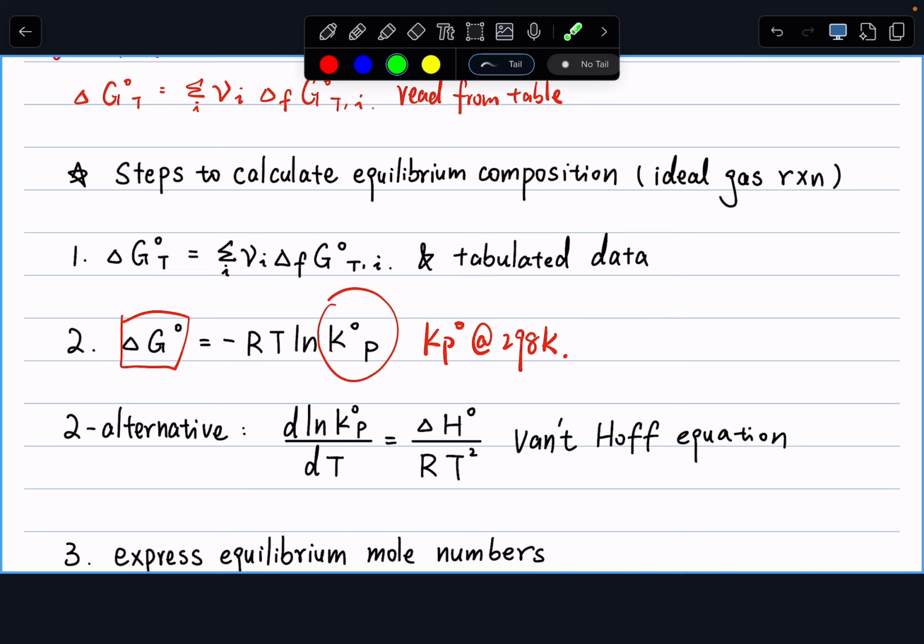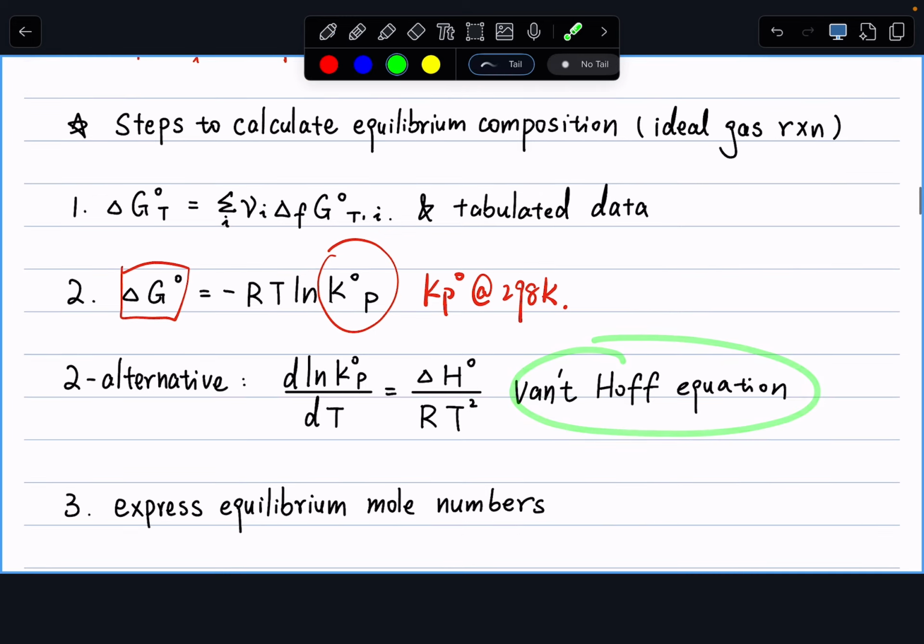In the Van 't Hoff equation, we derived that the change of the natural log of your standard equilibrium constant over temperature equals delta H naught over RT squared. This one then has two different branches. Thinking about scenario 1, I'm just going to focus on this delta H naught here.